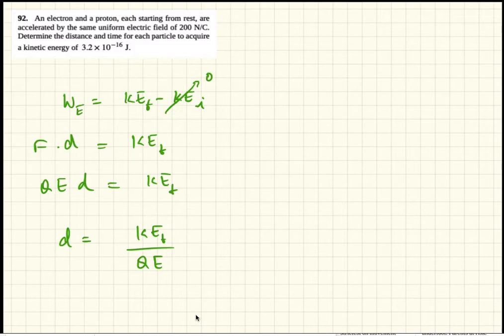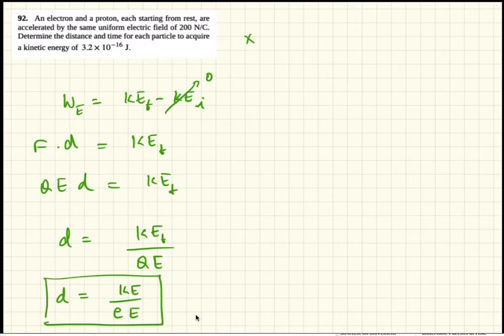And the charge Q is the same for the proton and the electron. So the kinetic energy is the same, so the distance will be the same.